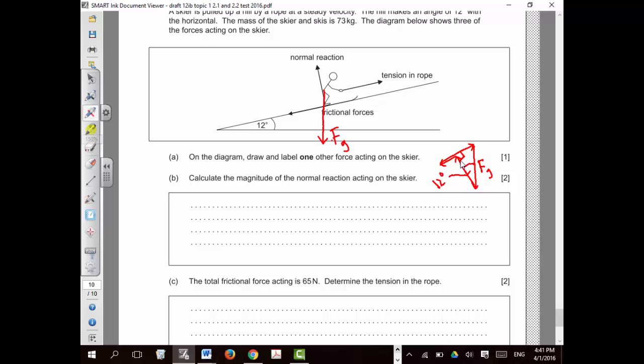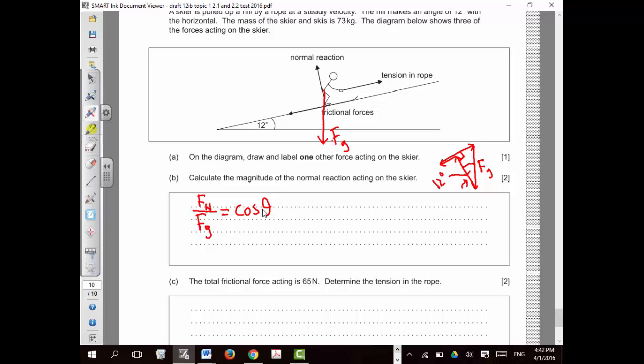And so in this one we weren't told that g is 10. So in this one we'll use 9.81, given that that's what's in the data booklet. And so we know that the F normal, which is the adjacent side here, F normal adjacent divided by hypotenuse, Fg, must be equal to adjacent over hypotenuse, which is cosine of theta.